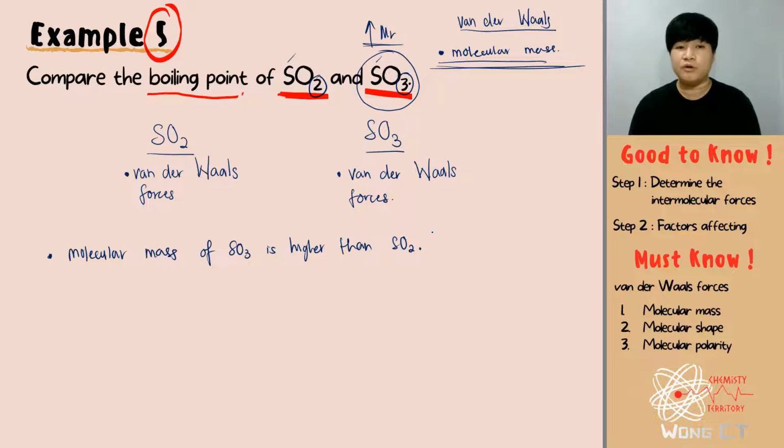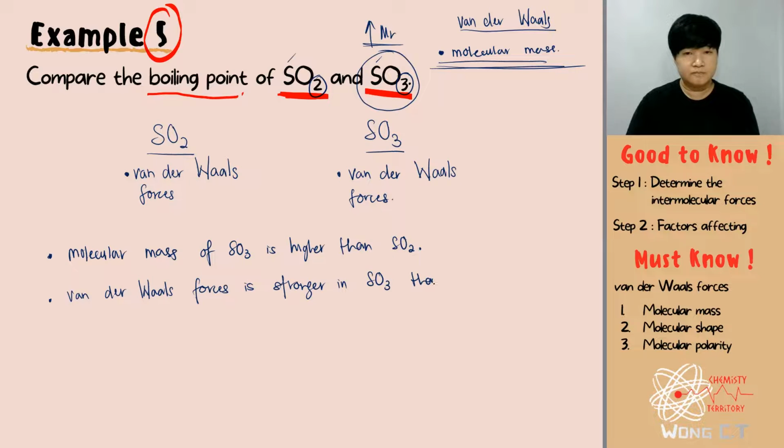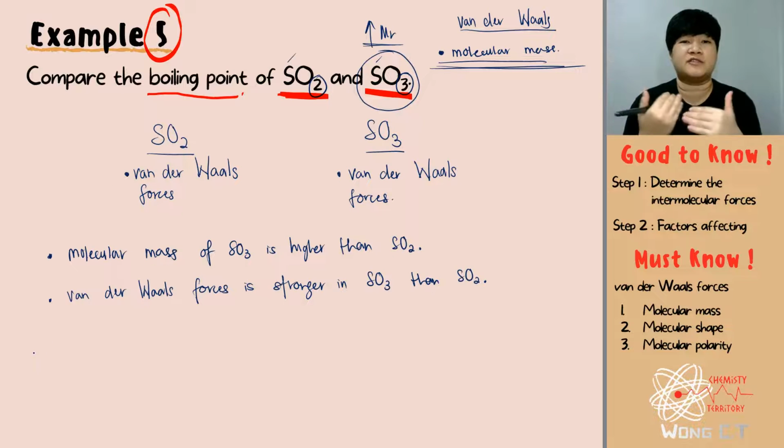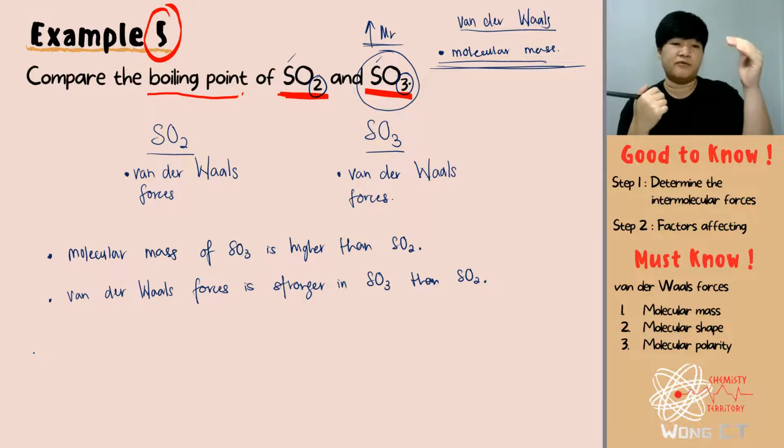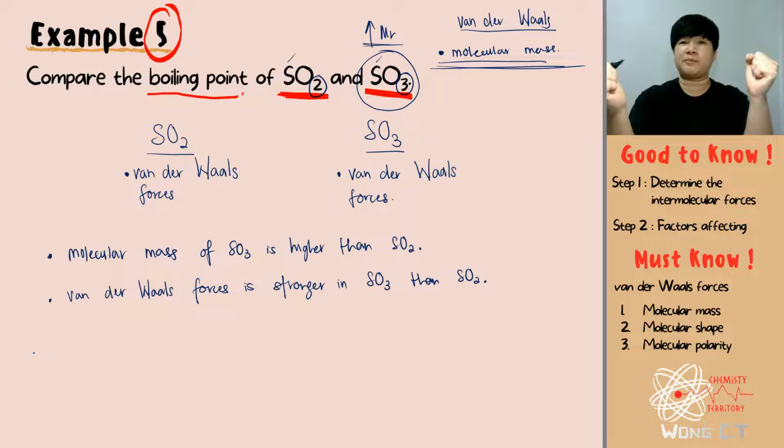So the molecular mass of SO3 is higher than SO2. When the molecular mass is higher, what happens to the van der Waals forces? Van der Waals forces become stronger in SO3. And whenever the forces are stronger, we know that the boiling point is higher. But why, when the forces are stronger, is the boiling point higher?